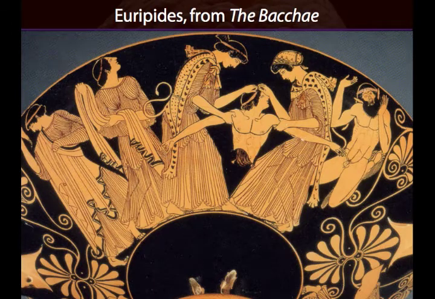Speaking of which, the Bacchae. Here we have a very striking image of Pentheus, the ruler, the son of Agave, being ripped apart by the Maenads, the followers of Dionysus.